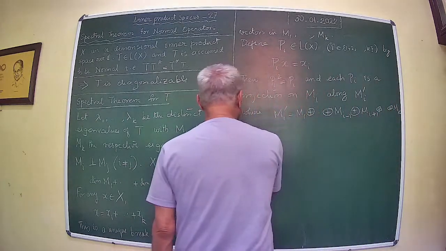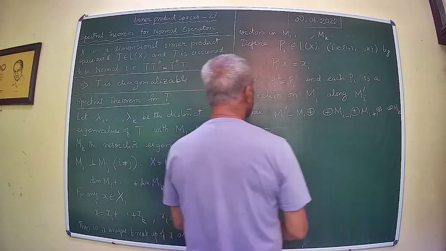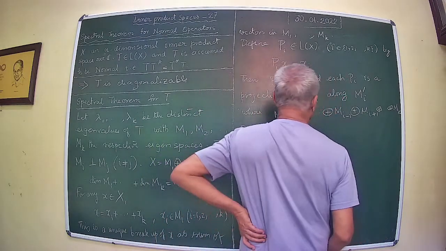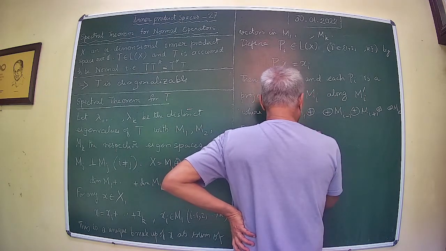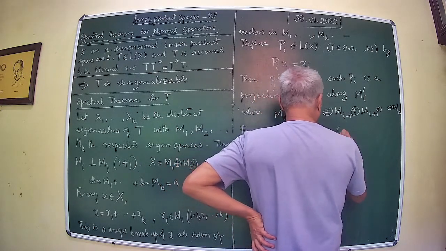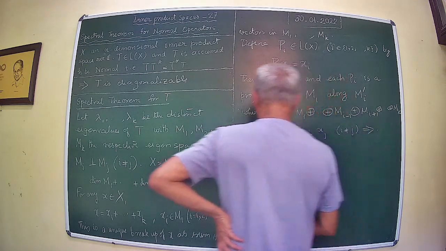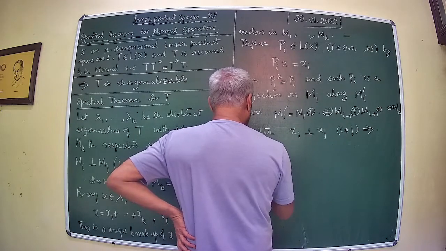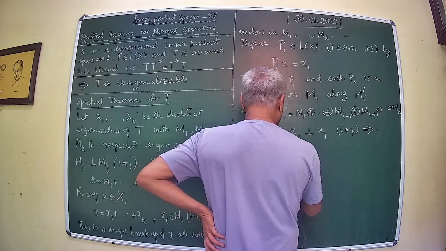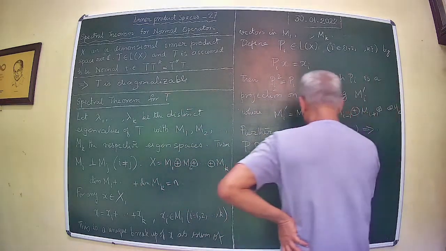Further, xi belongs to Mi, therefore these are orthogonal.